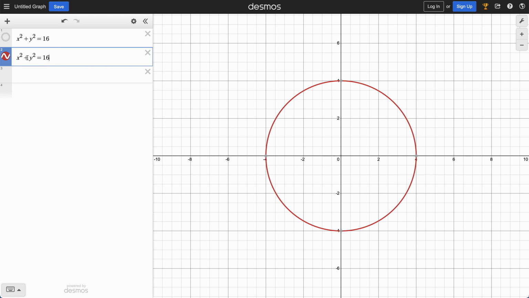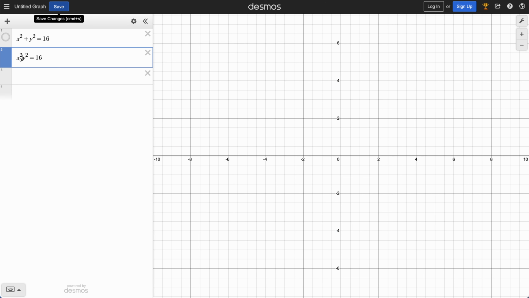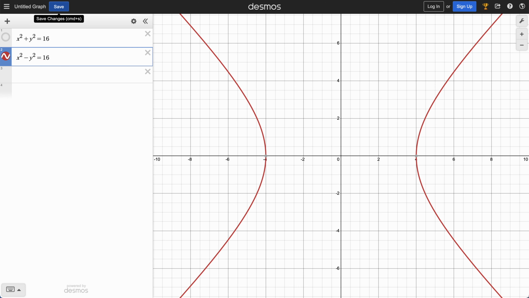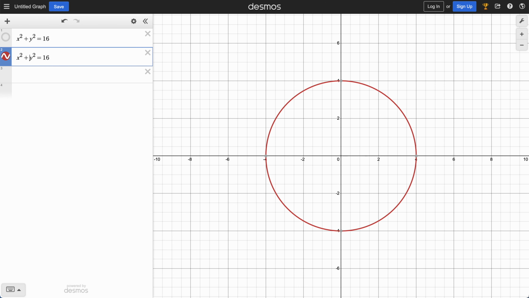Now, if I had something like subtraction in place, that's going to be a totally different shape, and we're going to visit that shape in the next video. But this is my circle. If I want to create an ellipse, I'm going to have to divide these by something, and that's going to be what generates my ellipse. And so there are ellipses and circles.